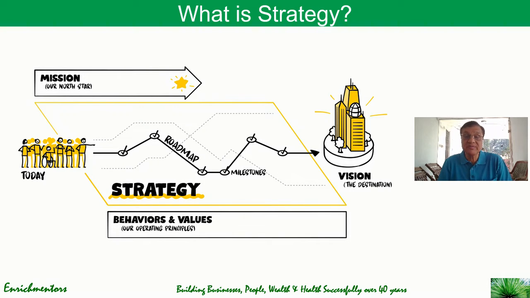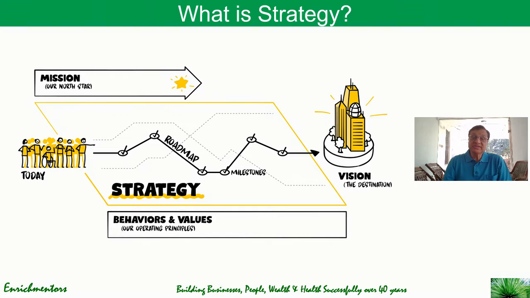The strategy broadly includes a roadmap, a direction, and at a detailed level it also includes the milestones. So that is one definition of strategy: you are where you are today, you have a place where you want to reach, a goal, and you find a way, a roadmap, and you figure out the milestones to reach there, and that is what a strategy is.